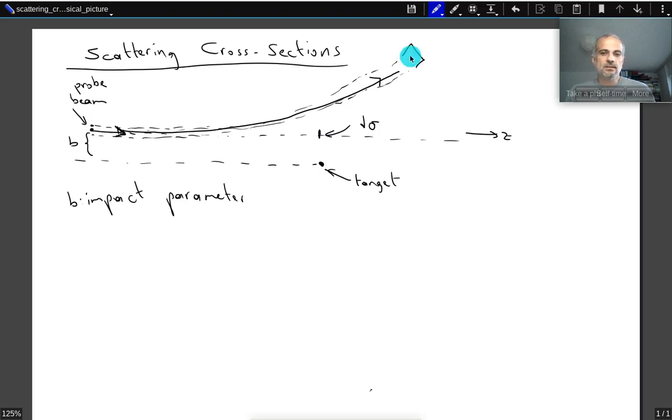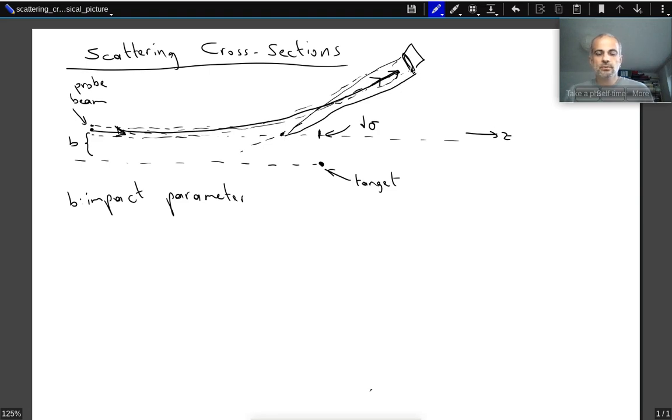Now the detector itself is not really important. The important thing is that after the scattering process, the velocity of my particle, which is tangent to this line, is within this cone.